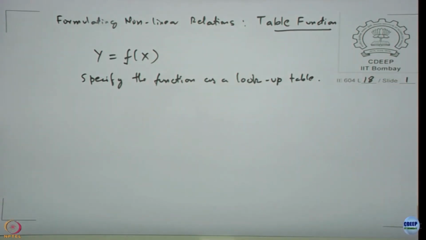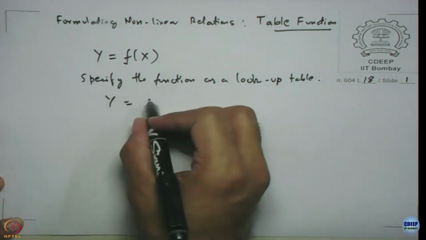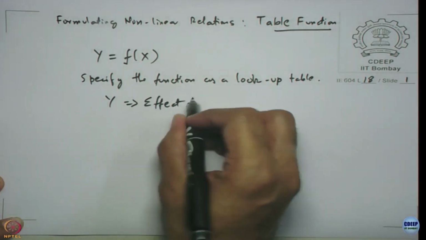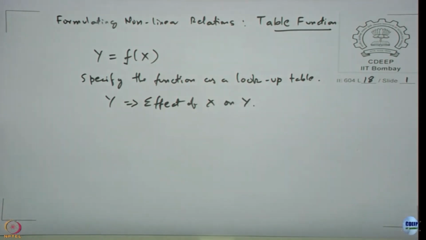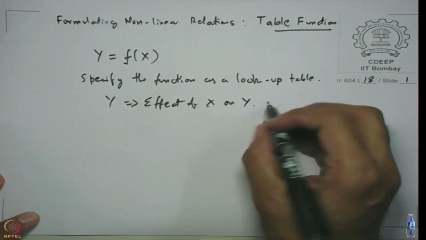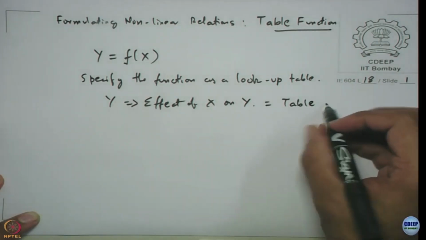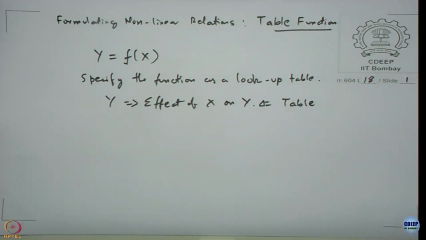Because what we want to do is just say that y is got as an effect of x on y, which you are just specifying as a table. So, this effect we want to specify as a table.